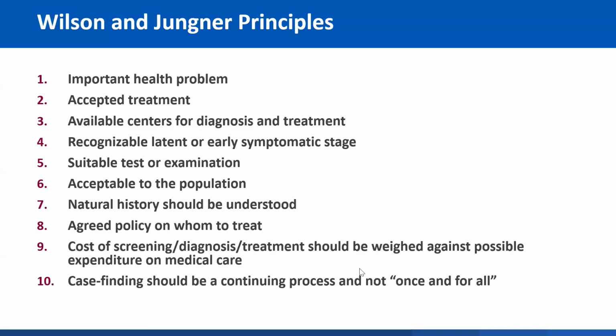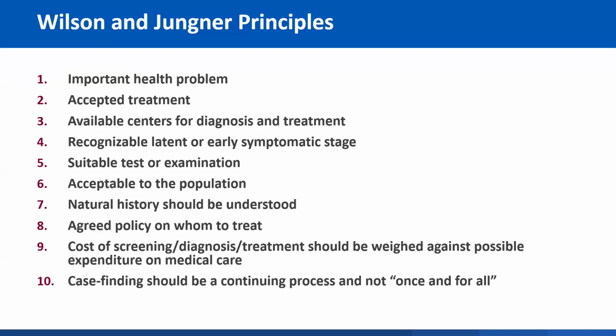The first are points number 2 and number 3, which state that there should be an accepted treatment and availability of diagnosis and treatment centers. Point number 5 is that we should, of course, have a suitable test. And finally, point number 9, that the benefits of screening should outweigh the costs.